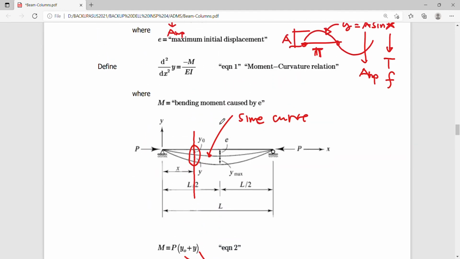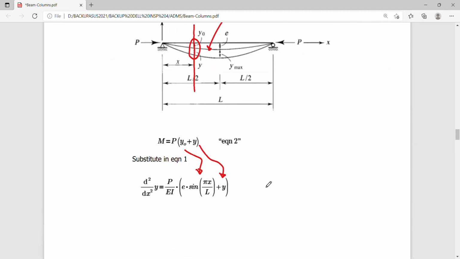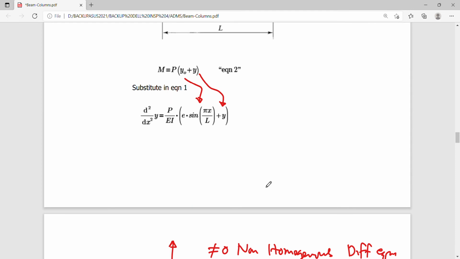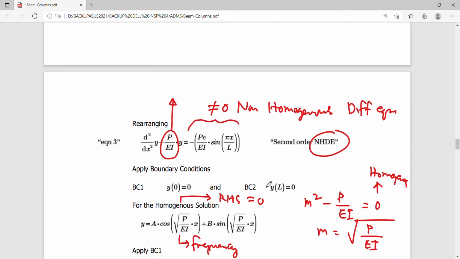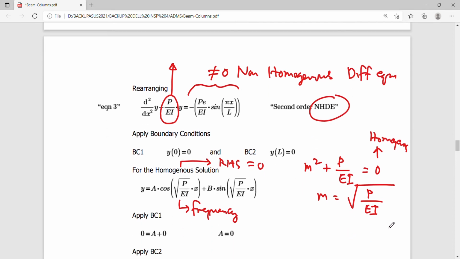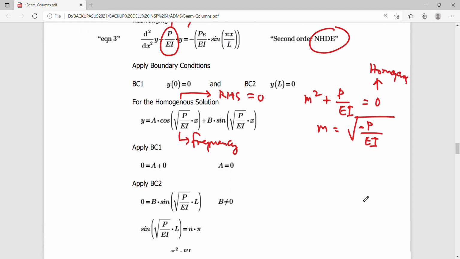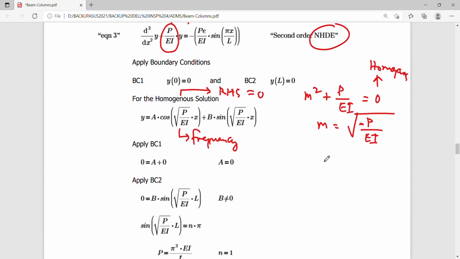This is a negative p, so it is an imaginary. So my roots here are plus minus the square root of p over EI times i.